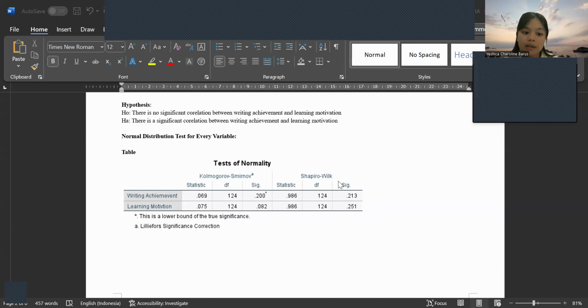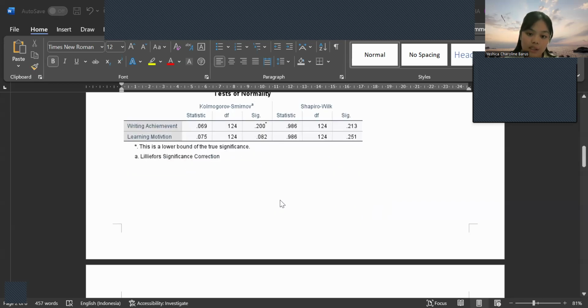And in the Shapiro-Wilk test, the significance value for writing achievement is 0.213 and learning motivation is 0.251, and both significance values are also above 0.05, so both normality tests show the data can be normally distributed.